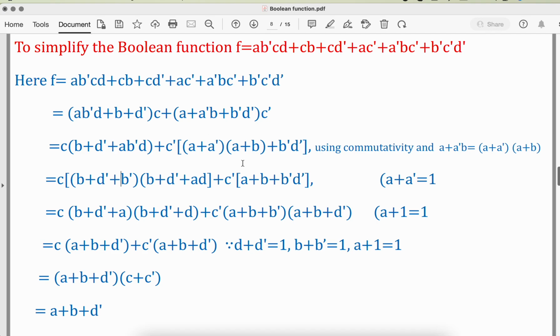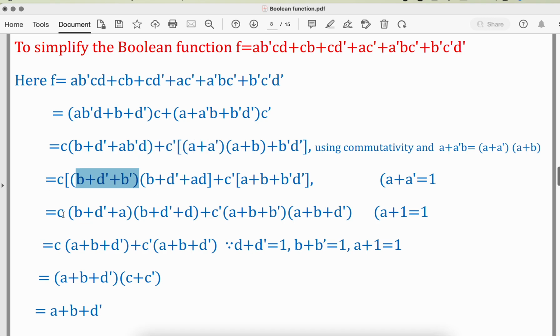So it is c', and it is (a + b), it is b'd'. Also b + b' is 1, and 1 + d' is 1. So this term is only 1, and 1 into a is always a.